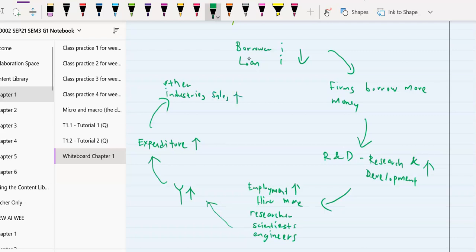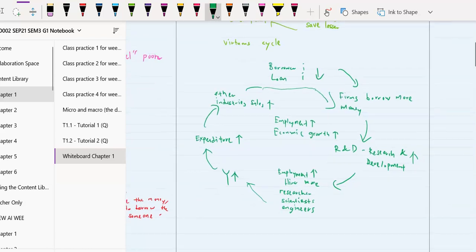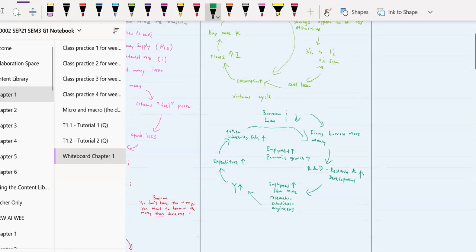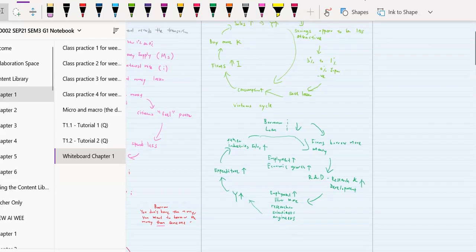When other industries' sales increase, they will also hire more workers. They will also borrow more money, do more R&D, hire more workers, and eventually it will lead to, again, employment overall rising and economic growth is achieved as well. That is for monetary policy.